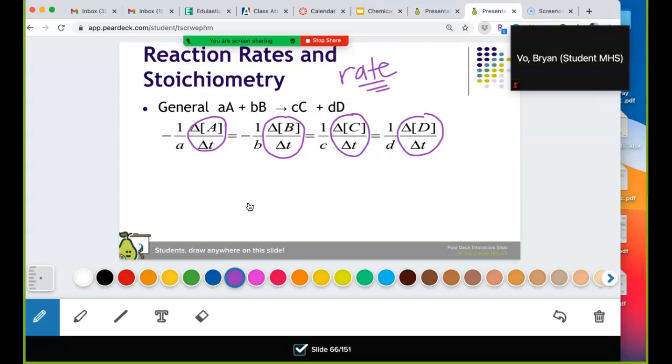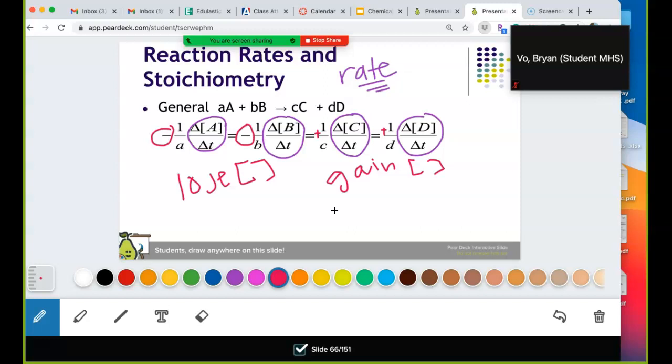Also pay attention to the fact that your reactants have negative signs in front of them because they lose concentration, whereas your products, I mean, they don't have a positive sign in front of them, but they are shown being positive because they gain in concentration in a chemical reaction. And so you can use stoichiometry from a balanced reaction to discuss the respective rates of one another.